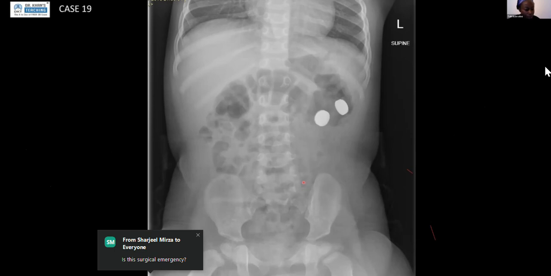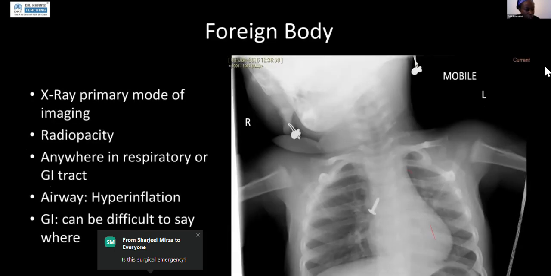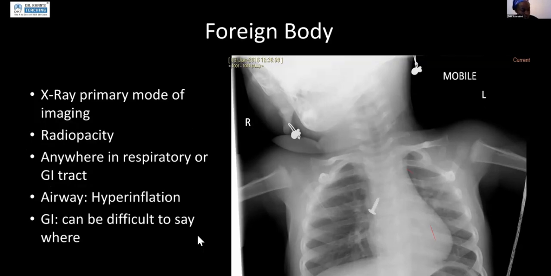So things that children can ingest include button batteries, and they can ingest magnets. In the UK, we changed our imaging protocol for magnets in the last year. We used to do just an abdominal radiograph initially, and a chest radiograph if you saw nothing on the abdominal radiograph but were concerned that they'd ingested a foreign body, just to see where it was.